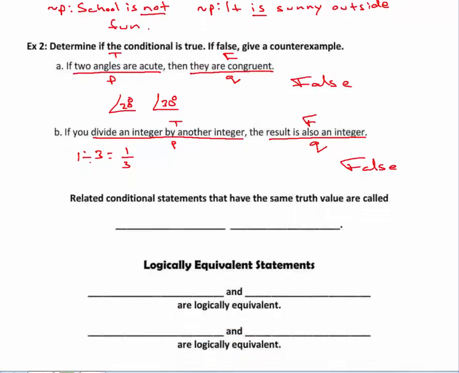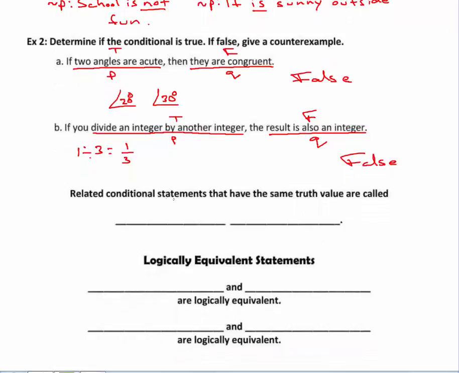So we have a couple of conditional statements that are related to each other. They're called related conditional statements, and when they have the same truth value, they're called logically equivalent. The logically equivalent statements are the conditional itself and the contrapositive.